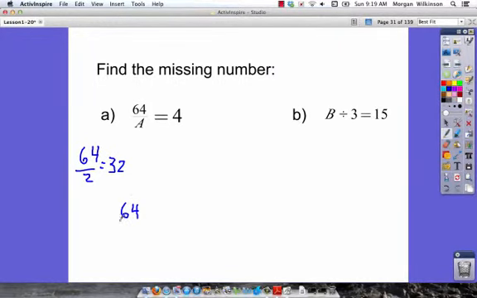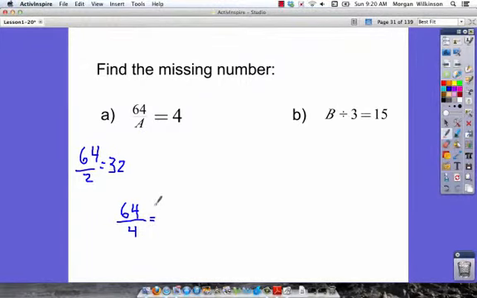The way we're going to find our answer most efficiently in this problem is to use division. Now notice we are not using the inverse operation this time. Why don't you think we're using the inverse operation? Well, if we multiplied 64 times 4, it would give us a really big number, 4 times bigger than 64, and we don't want something that big.